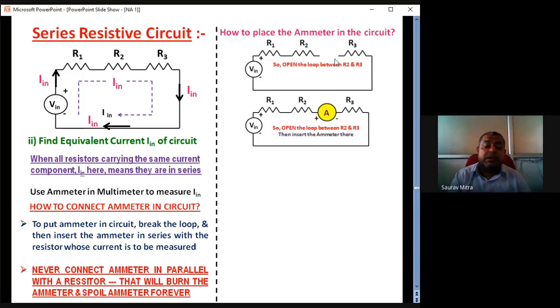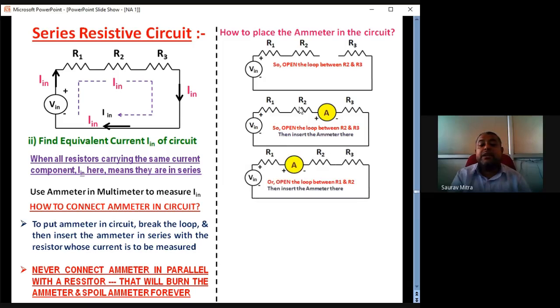So these are two very important things: how to connect the ammeter and which direction should be positive and which should be negative. To connect the ammeter, open the loop and then insert the ammeter there. For the direction of the ammeter, the red should be closer to the positive side, wherever the positive of the supply is, and the black should be towards the closer point of the negative side.